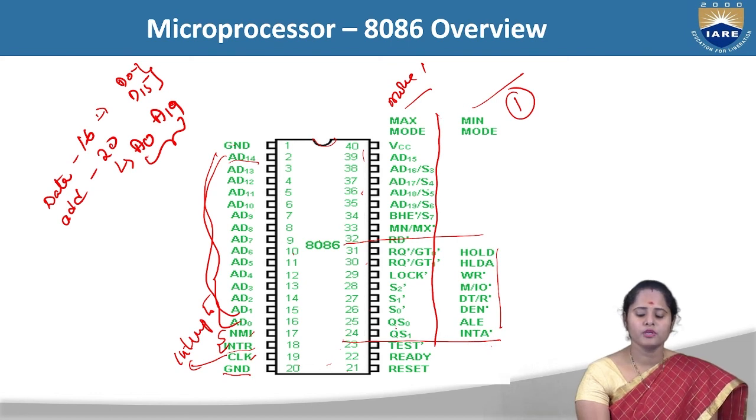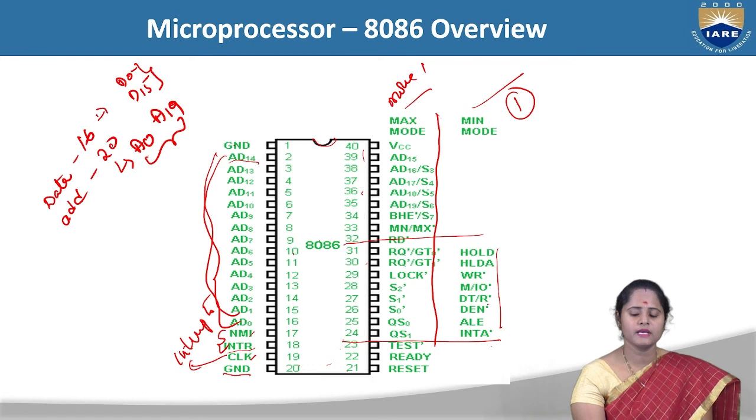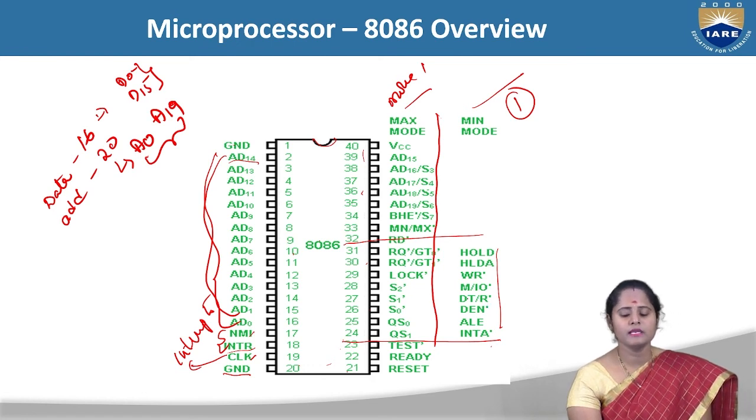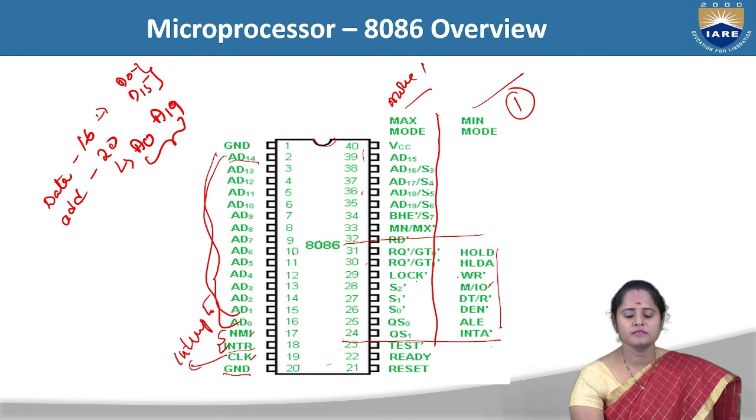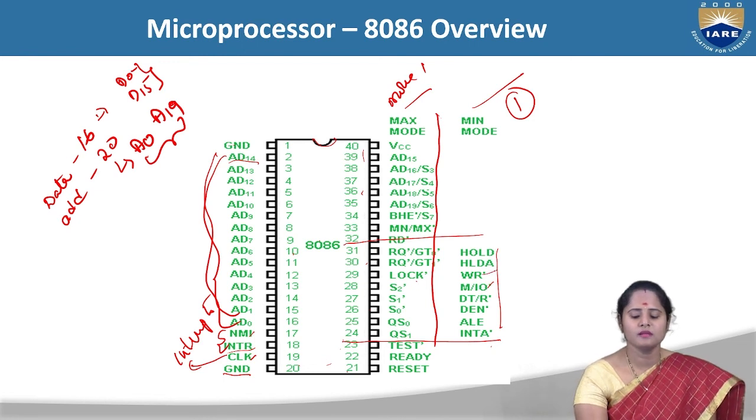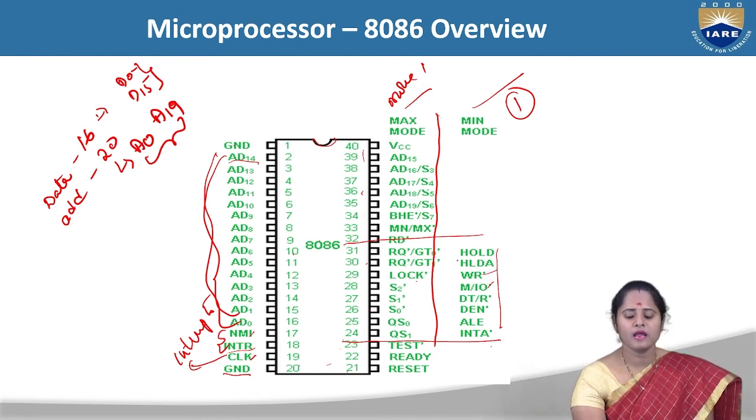In the 25th pin, QS0 is indicated as ALE, address latch enable. Pins 26, 27 and 28, S0, S1 and S2, are indicated by DEN, data enable, data transmit and receive, and memory by IO. Here the lock is indicated in terms of the write signal, and pin 30, request and grant, is indicated by hold acknowledgement, and pin 31, request grant one, is indicated as hold.